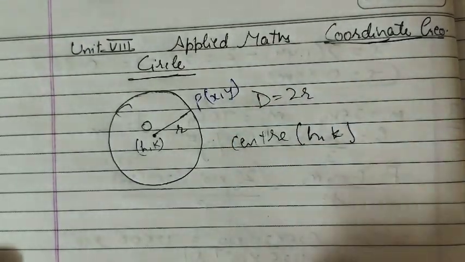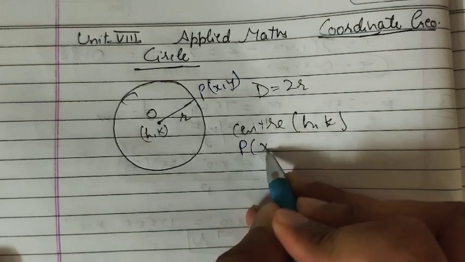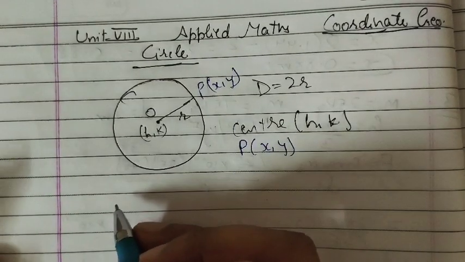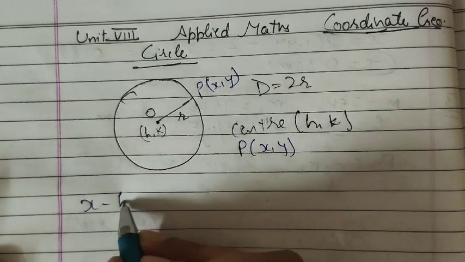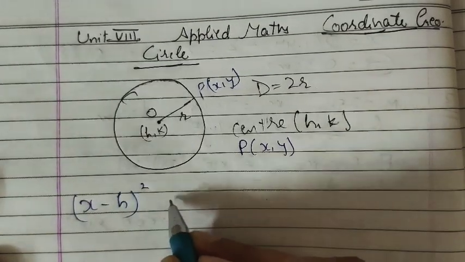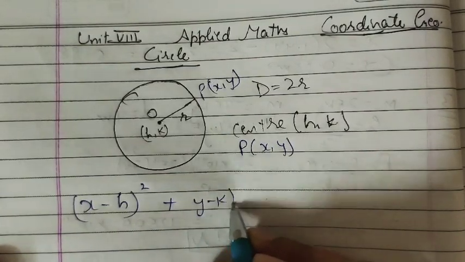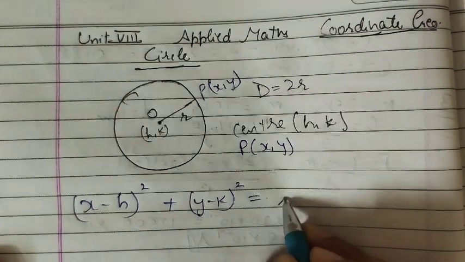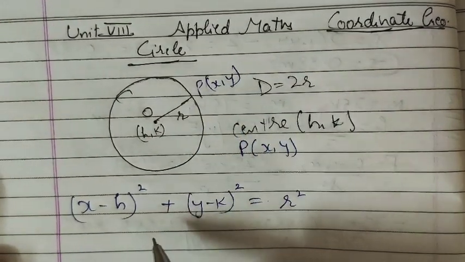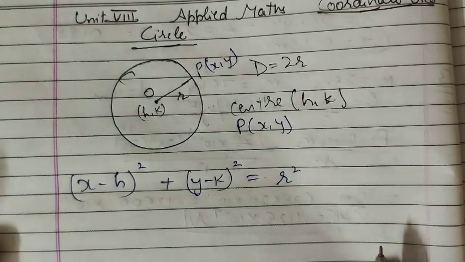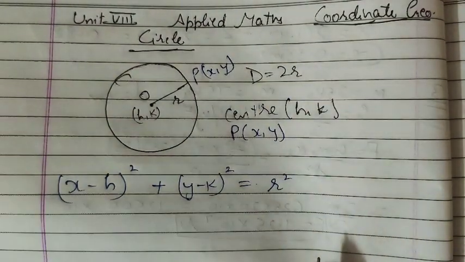So the equation of the circle will be x minus h whole square plus y minus k whole square is equal to r square. Using the distance formula we can determine this. So this equation we are going to use.